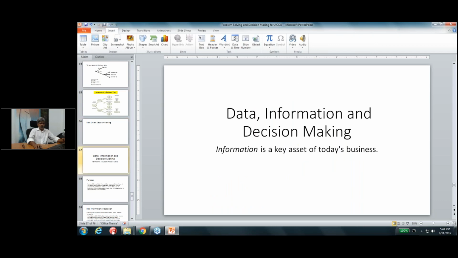And the last thing of the day is data, information, and decision making. Very quickly, I will go through that part. We know we have the data with us, in the data-driven decision model.